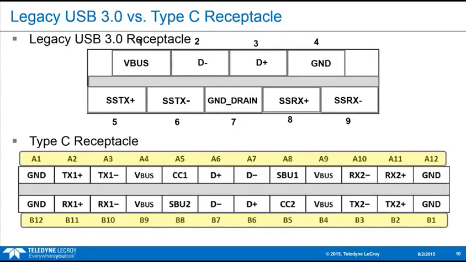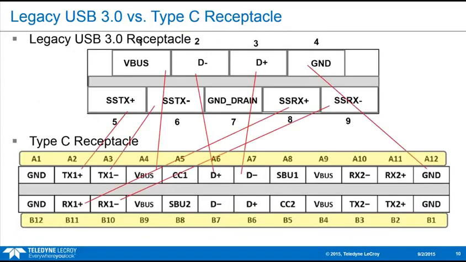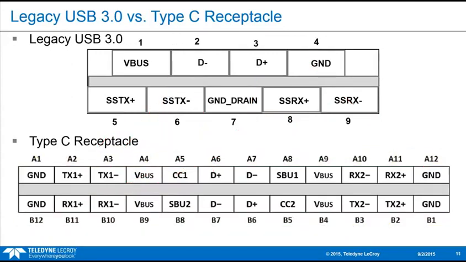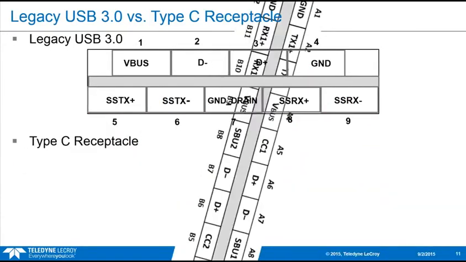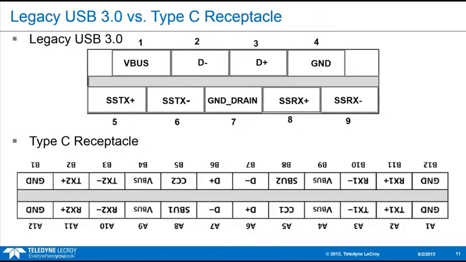If you compare that with legacy USB 3.0, the old pins map to the new pins on this upper row labeled A, and then there's a redundant set of pins on the bottom row that basically won't get used for USB. So if you were to flip the cable, you would still connect to a second redundant set of pins on the bottom row in the receptacle.